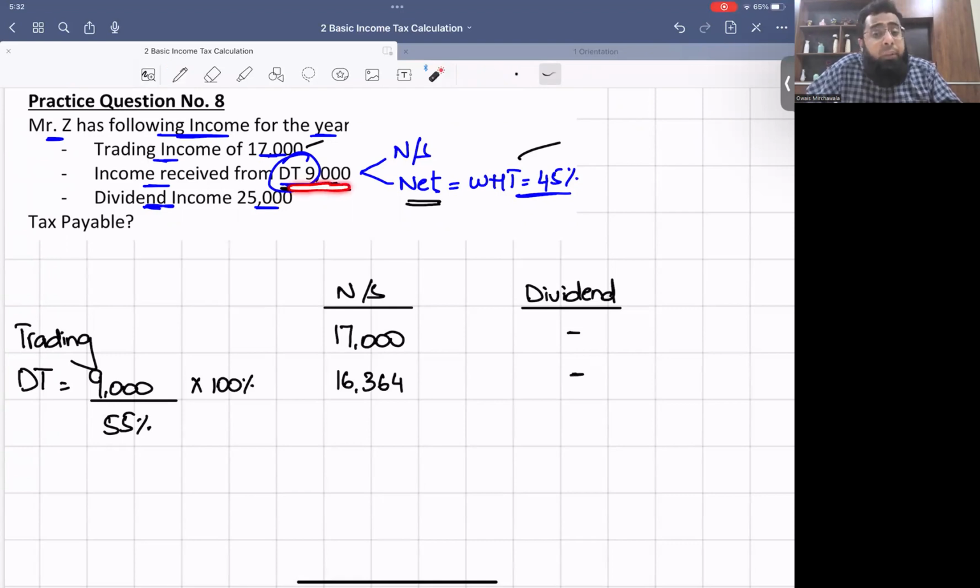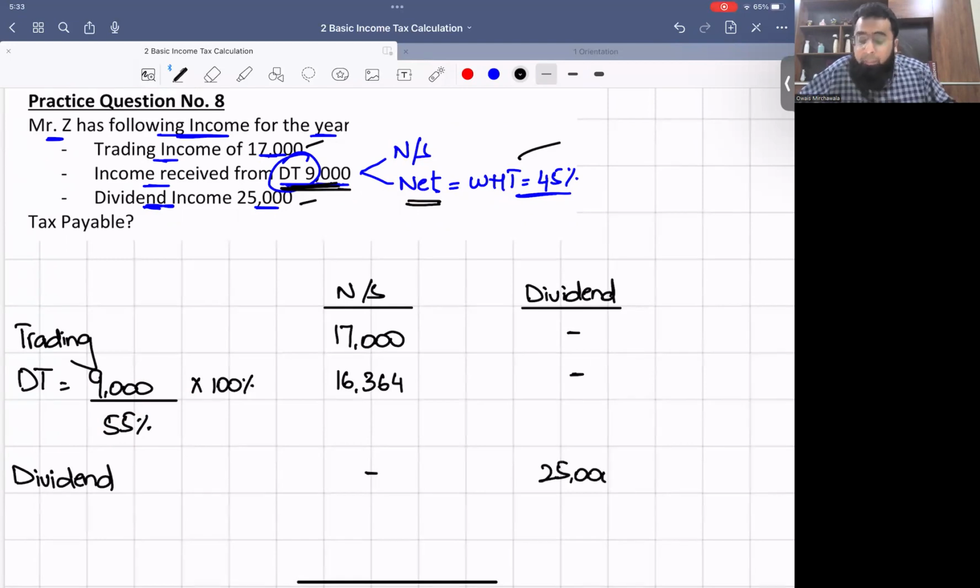Discretionary trust 9,000, he is silent, so we assume net. Advance tax is 45%, so what we received is 55%, divided by 55 multiplied by 100, 16,364. And then we have dividend income, that is 25,000. So dividend goes in the head of dividend.